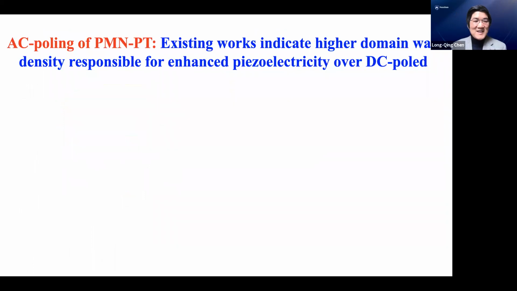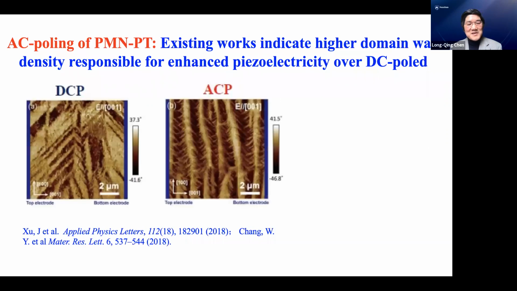And now, why does this happen? Most of the existing works, actually all of the existing works, indicate the reason that AC poling can significantly enhance the piezoelectricity is because the domains become smaller.